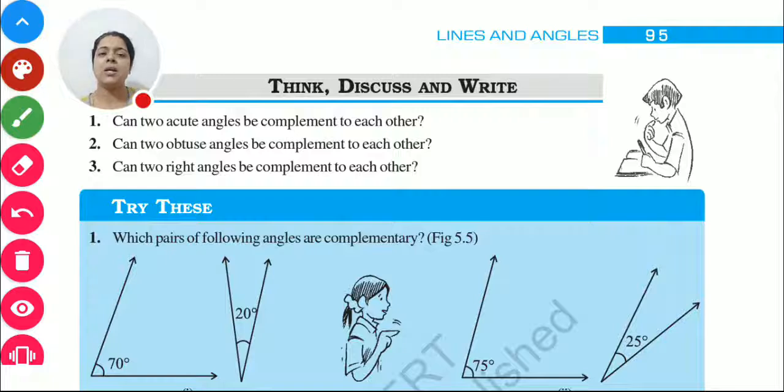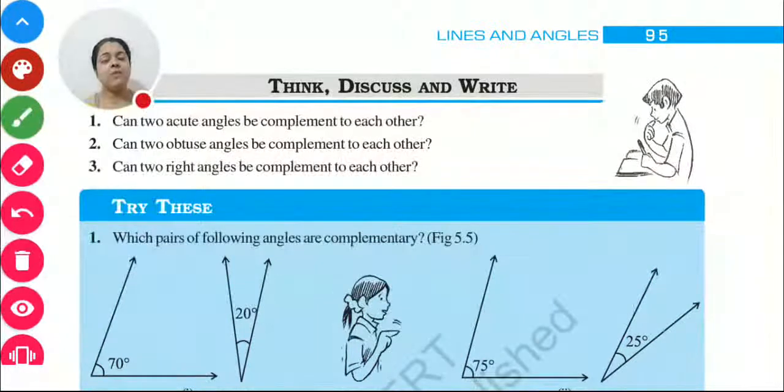Now comes the question about acute angles, obtuse angles and right angles. Can two acute angles be complementary to each other? Yes, undoubtedly. Why?